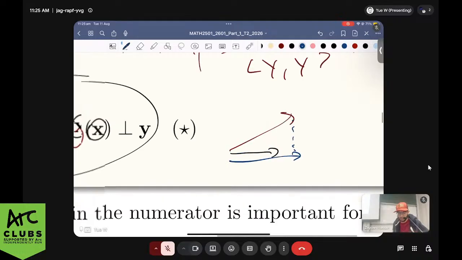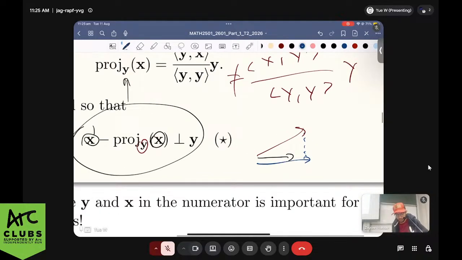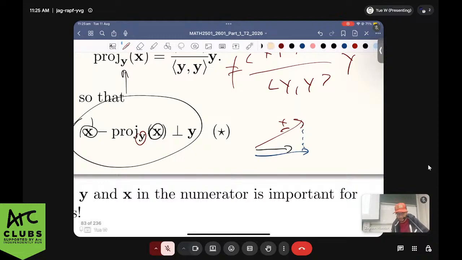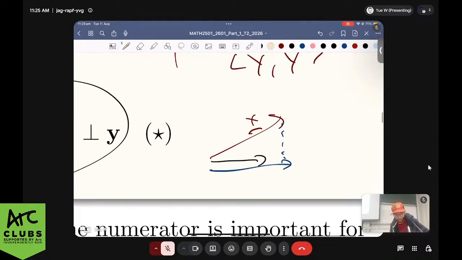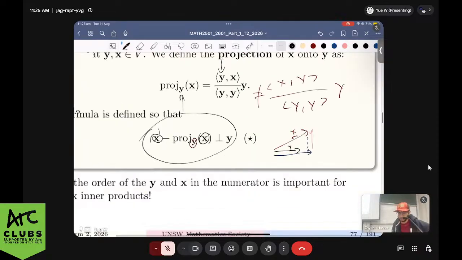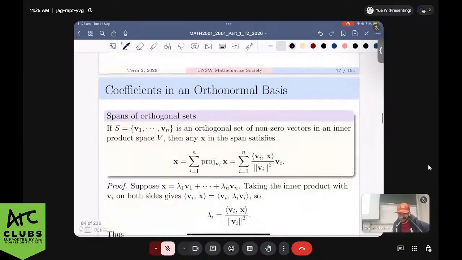I'll call this x. Notice x minus the projection is going to be, you can check it yourself, this pink vector. Notice that the pink vector is orthogonal to this black one, y here. So x minus the projection is orthogonal to y. Okay, this is important.